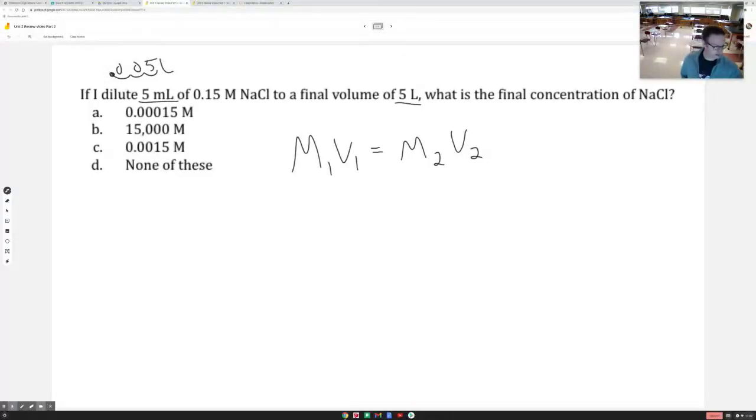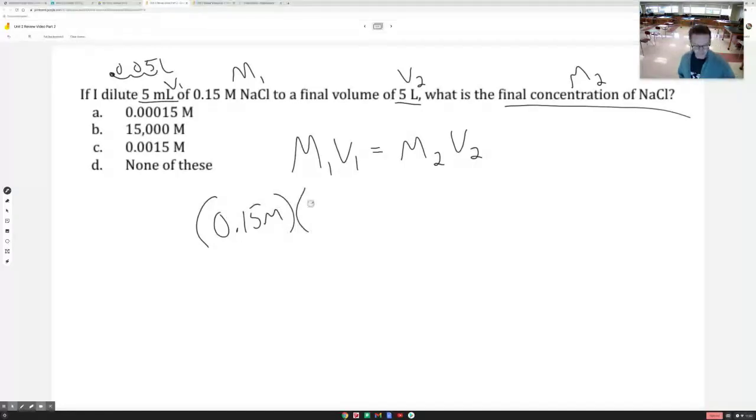Starting concentration, M1, starting volume, V1, final volume, V2. Those are the 3 pieces I have. The question is, what is the M2 concentration at the end? So plug in the numbers. Starting concentration is 0.15, starting volume is 0.005 liters, and that equals our unknown concentration times 5 liters.